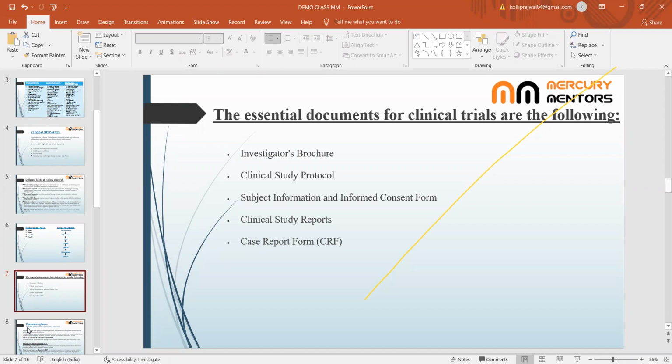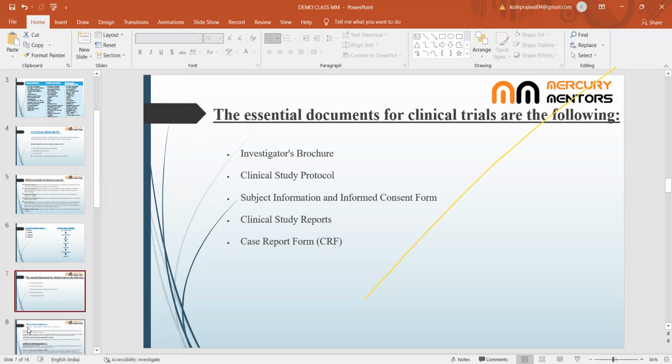Next one is subject information and informed consent form. So informed consent form is related to the participants of the clinical trials. Okay, the healthy volunteers or the patients who are going to participate in the clinical trials are known as study subjects. Okay, participants.